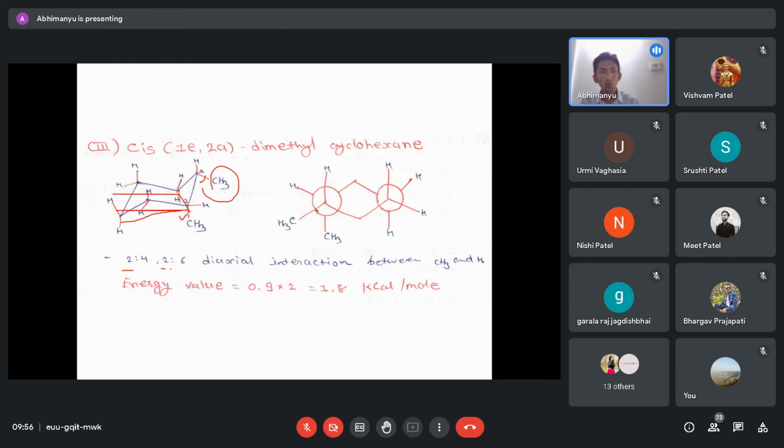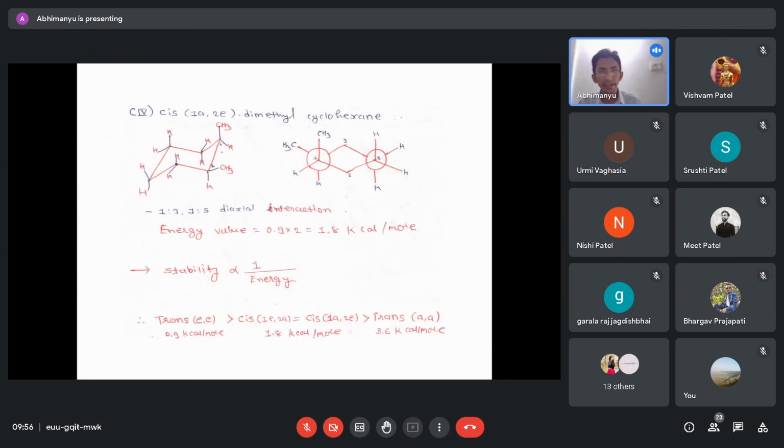So 2,4 and 2,6 is diaxial interaction between CH3 and H. So the energy value is 0.9 into 2 is equal to 1.8 kilocalorie per mole. And the last one is the cis 1 axial to equatorial. So 2 equatorial repulsion is not possible, but due to 1 axial, yes, repulsion is possible between 1,3 diaxial and 1,5 diaxial. So the energy value is 0.9 into 2 is equal to 1.8 kilocalorie per mole.